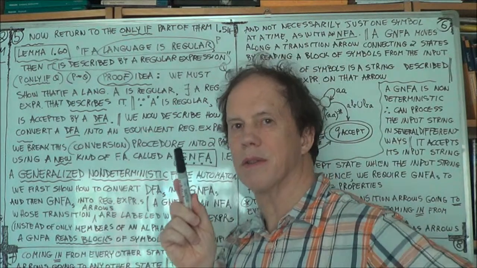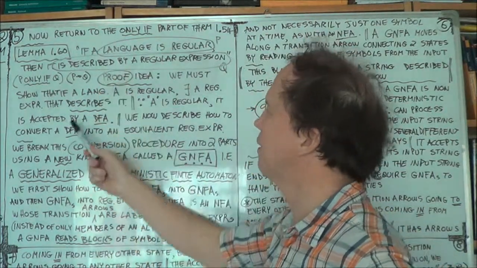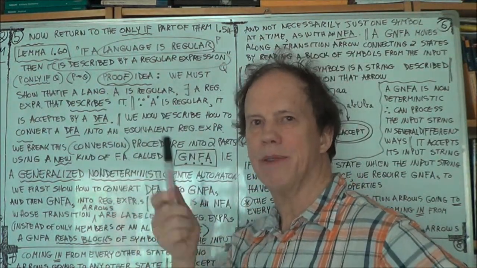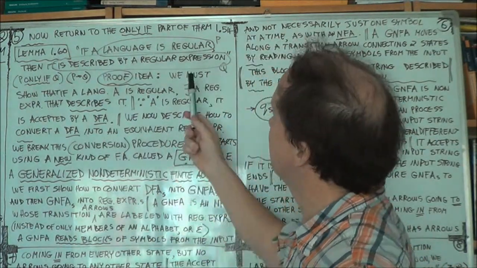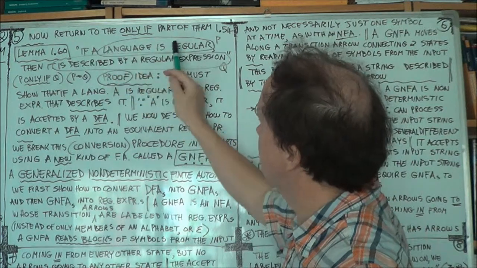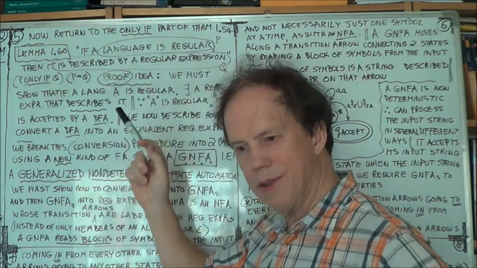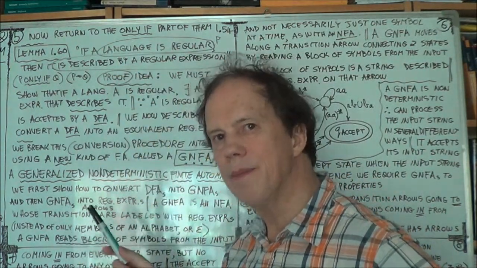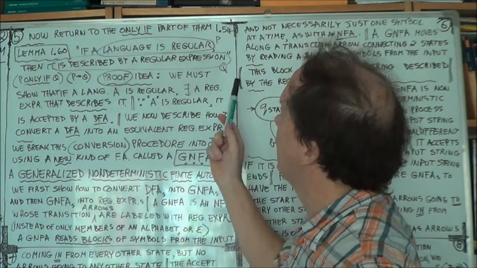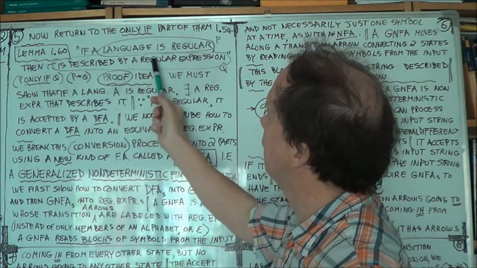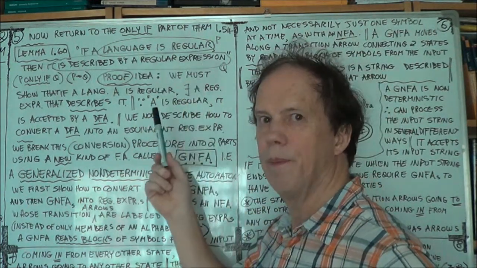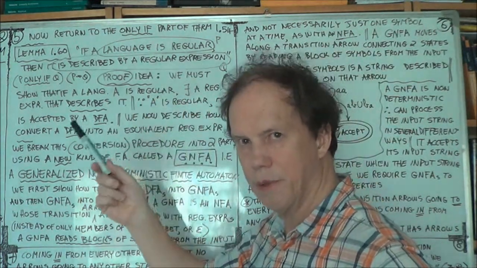Now, what I've just said is critical. It's like the heart of the proof. Play it back. Rewind if you need to do it again. So if the language is regular, therefore there is a DFA that recognizes it. And from that DFA, we will create a regular expression. That's the heart of the proof.